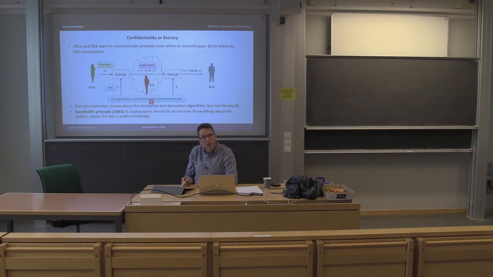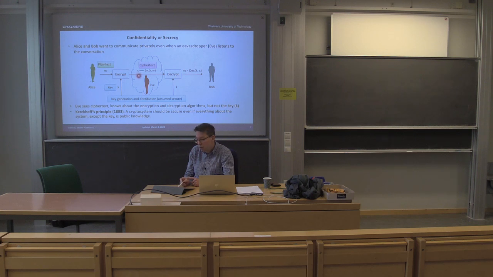But if we assume that this has been done securely, which means that Eve has no knowledge of K, then in the encryption mechanism Alice takes her message M and the secret key K and feeds that through some algorithm that spits out a ciphertext. And the ciphertext is a bunch of bits, and these bits are then transmitted over the channel.